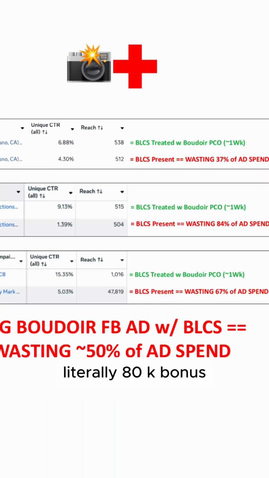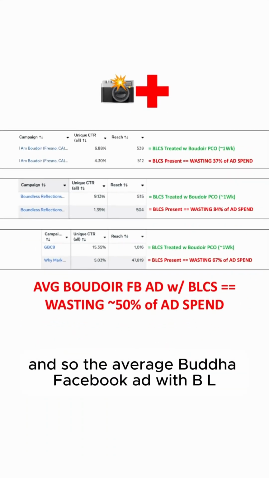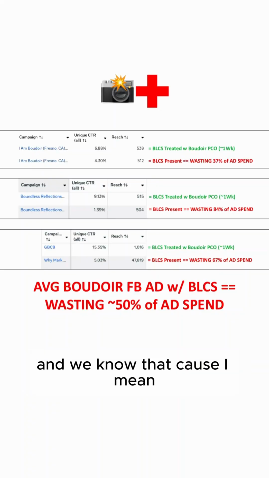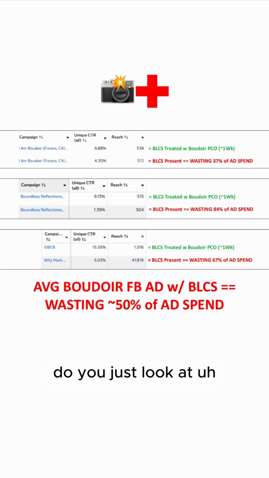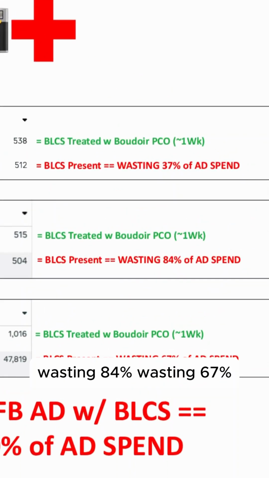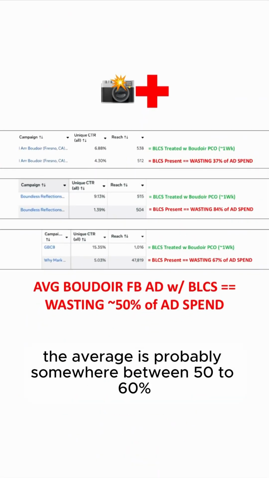Literally, 80K bonus. And so the average Boudoir Facebook ad with BLCS is wasting about 50% of its ad spend. And we know that because, just look at these numbers here. Wasting 37%, wasting 84%, wasting 67%. Average these numbers out, the average is probably somewhere between 50 to 60%.